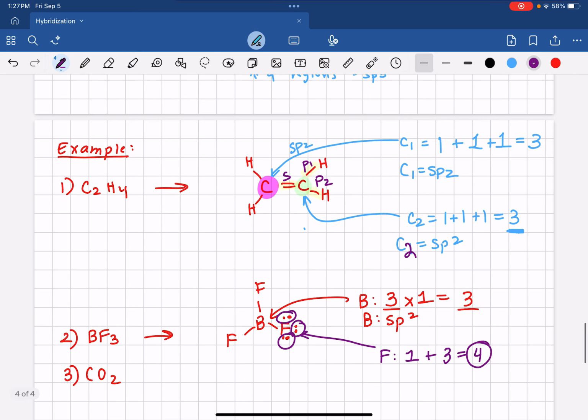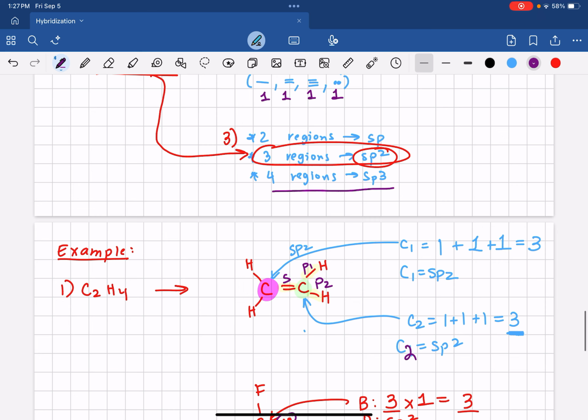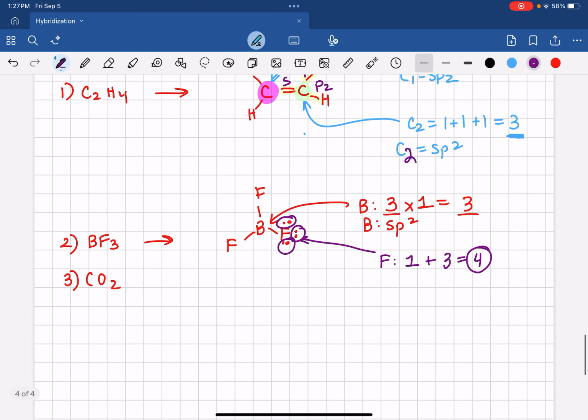If we look up here, 4 regions is an sp3 hybridization, giving me that fluorine has a hybridization of sp3. And because these are all identical, and you can try it out for yourself, if I fill in these electrons, all 3 fluorines have a hybridization of sp3, and boron has a configuration of sp2.